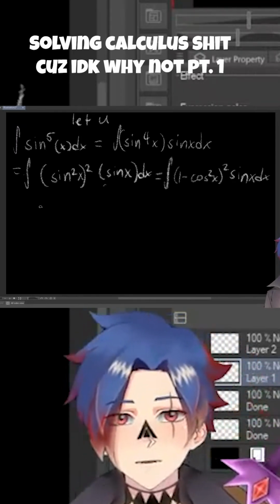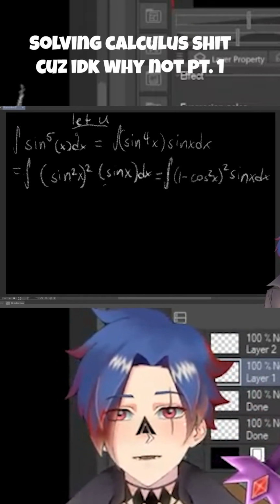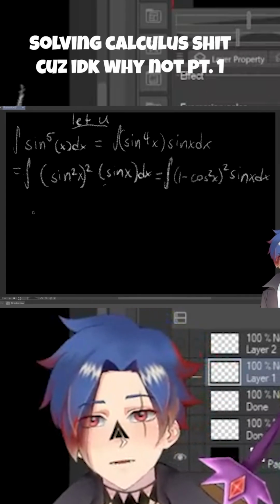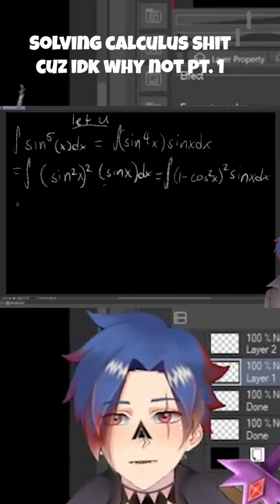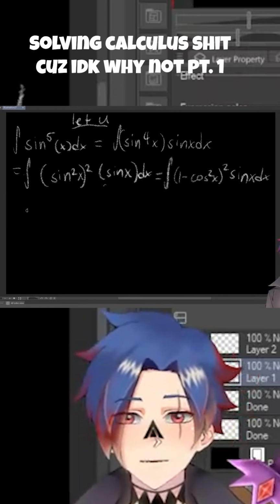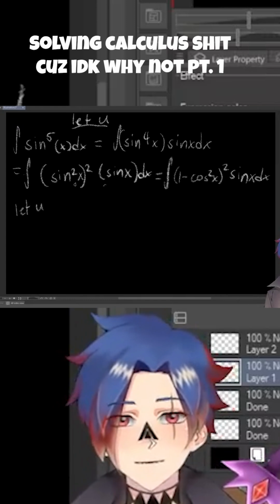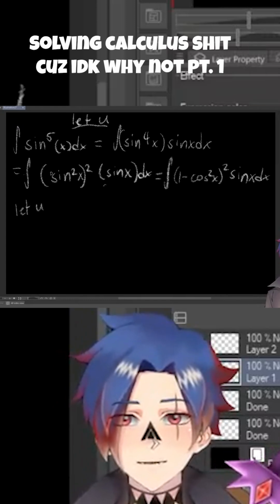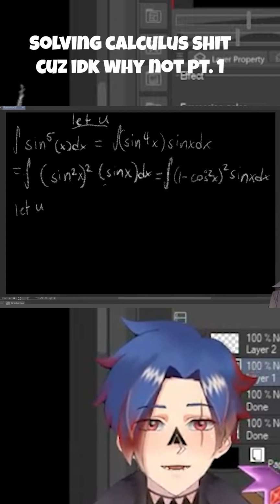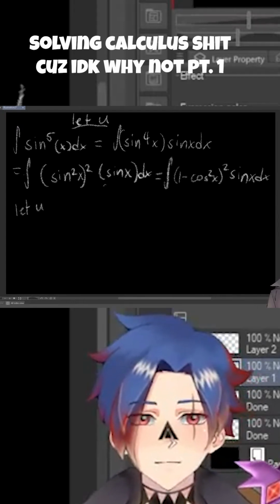So this is the part where we do the u-substitution. Basically, u-substitution is making this problematic one simpler. I just call it problematic.